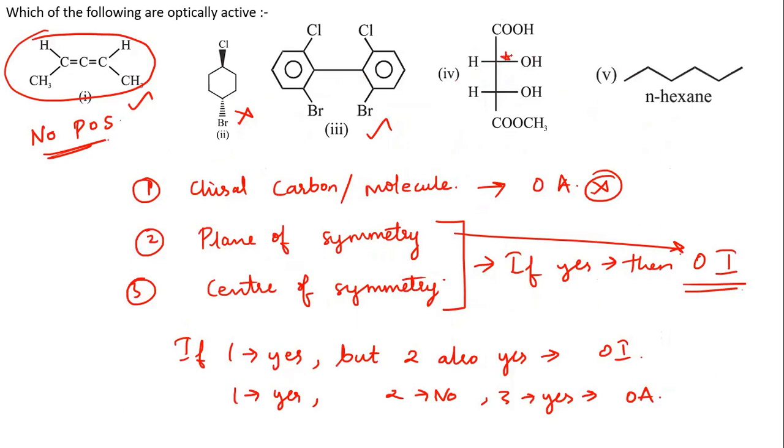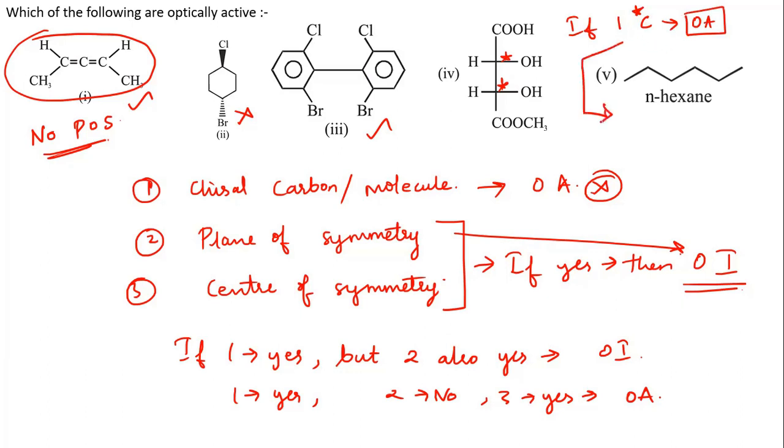This is a chiral carbon, and this is a chiral carbon. When we have two chiral carbons, you see, another general rule of thumb is that if only one asymmetric carbon is present, then it is optically active 100%.